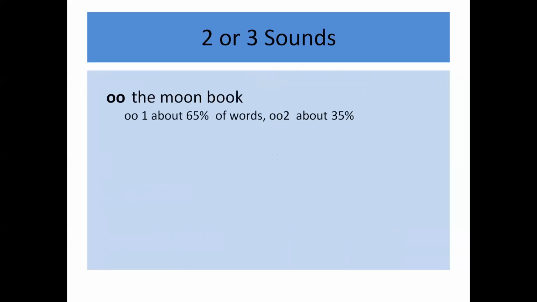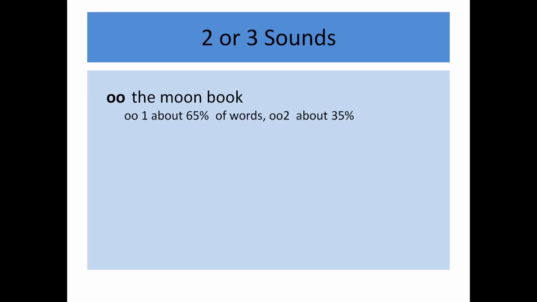Okay, so let's take a quick look at these other ones that make two or three sounds. So this pattern, O, makes oo, like in moon, about 65% of the time, and which is really like a stomach punch, it's a very distinctive sound, about 35% of the time.